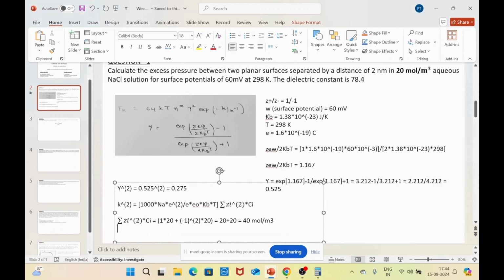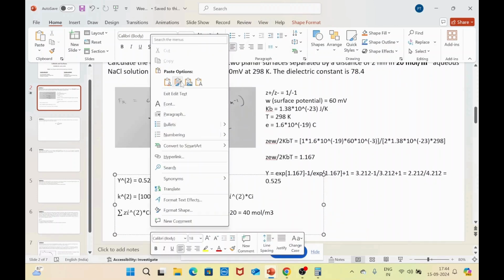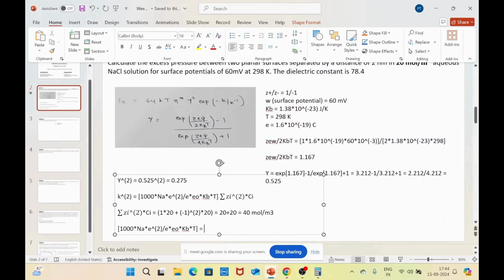Based on this, if you calculate, this expression's value should be somewhere around 5.405 times 10 to the power 15, or around that range. You're getting 10 power 36? Yeah.